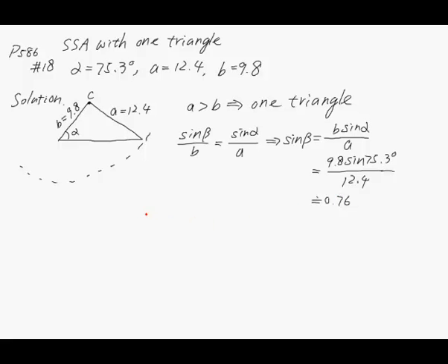So now beta is equal to 49.86 degrees. Okay, we know this is beta.